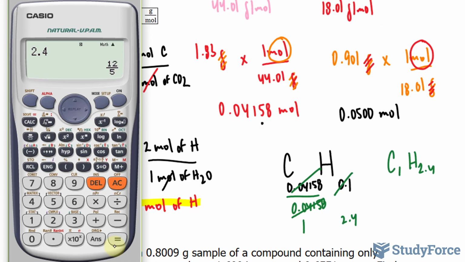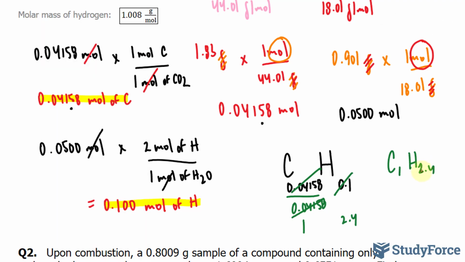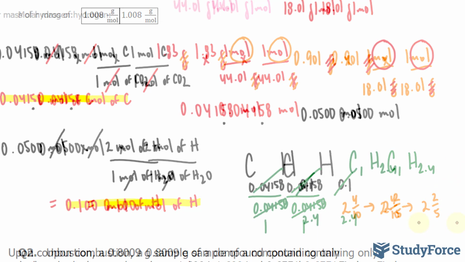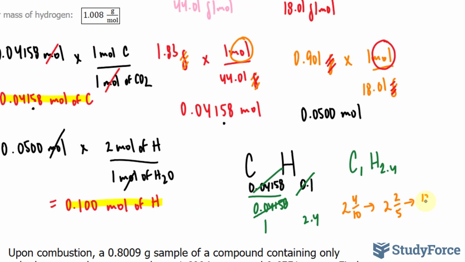But in case you don't have this capability on your calculator, 2.4 is the same thing as saying 2 and 4/10. And this can be reduced down to 2 and 2 over 5. Changing this mixed fraction into an improper fraction, we multiply 5 by 2, which is 10, and you add 2, and that's what our calculator gave us, 12 over 5.